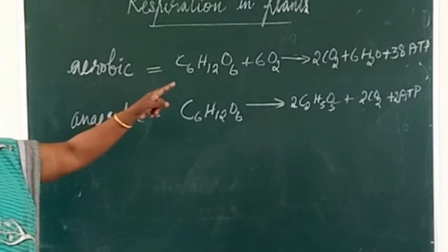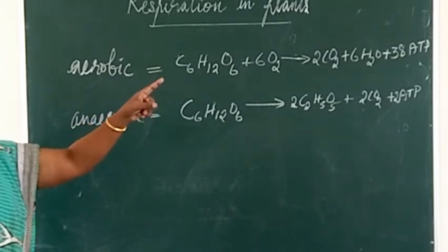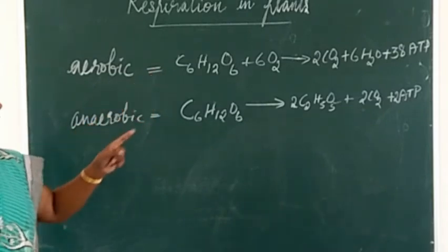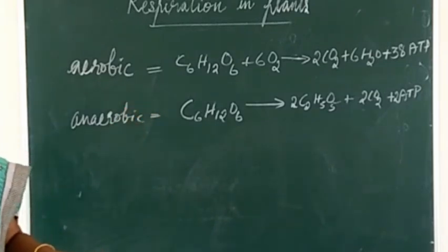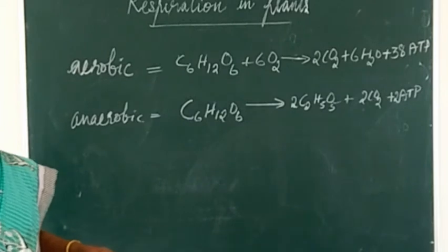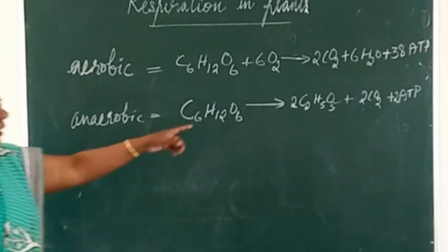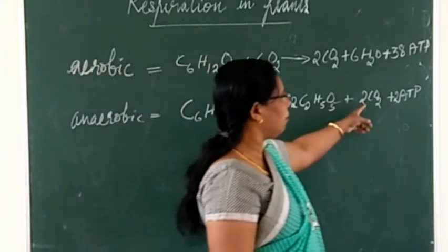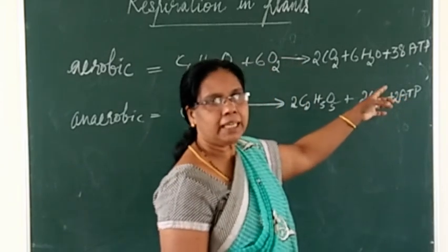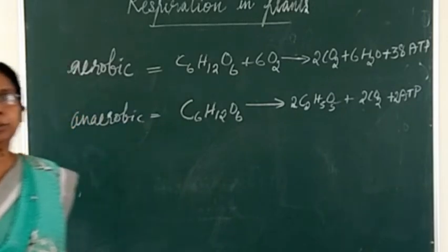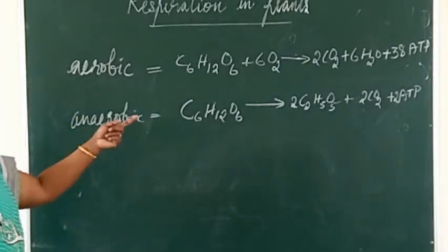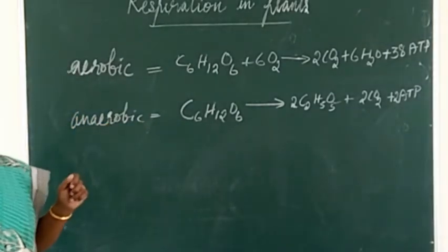It is carbon dioxide, water and 38 ATP. Whereas here you can see 2C2H5OH. What is that? Ethyl alcohol or ethanol. This is nothing but ethanol and carbon dioxide. And what is the energy liberated here? 2 ATP only. Only 2 ATP is liberated in the case of anaerobic respiration.